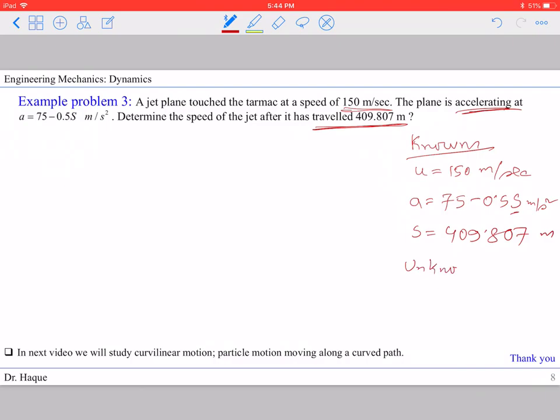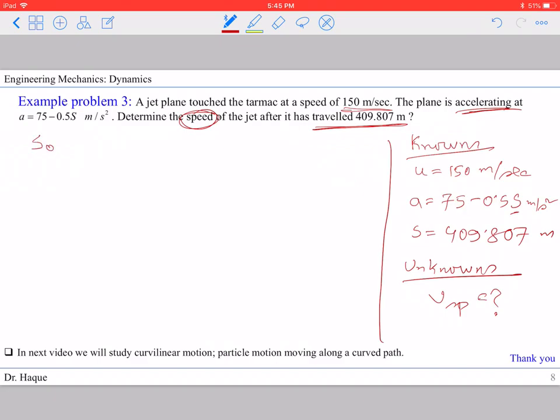Unknowns: we need to determine the speed. So the speed is v. We need to find the speed.